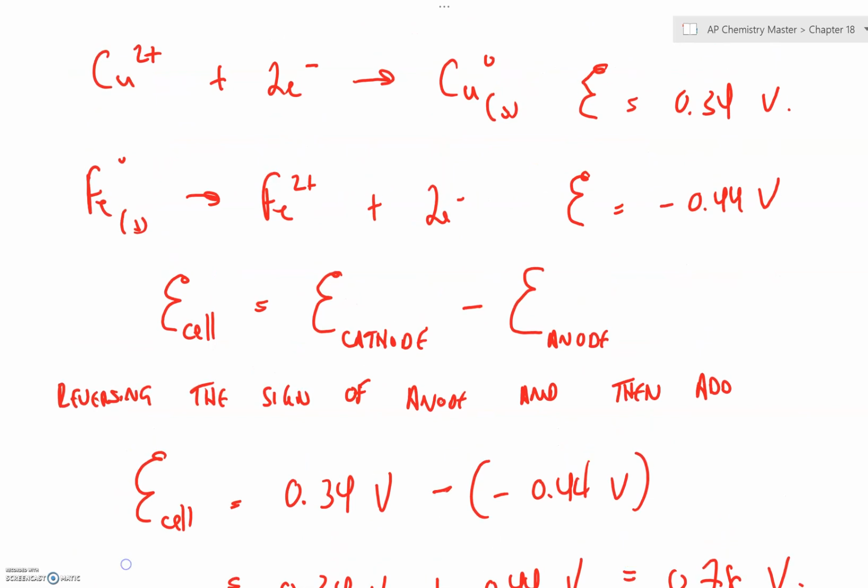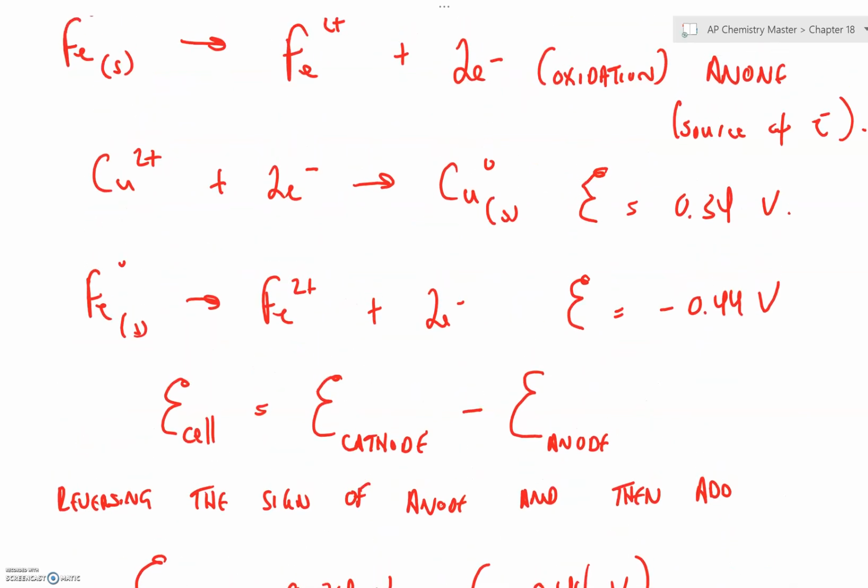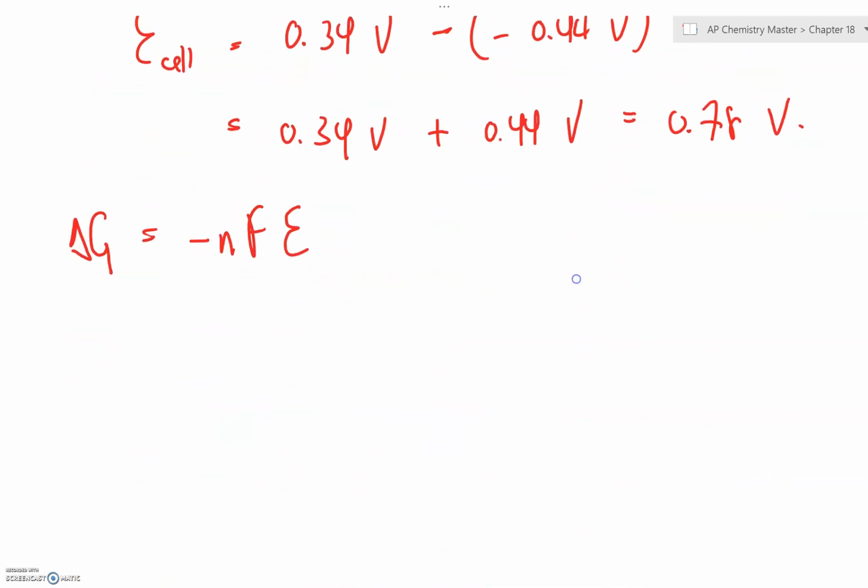And what's nice about this one is that there's 2 moles of electrons being transferred in both sides. Now, if this is one of those reactions where you had to balance charge, you would multiply by the final mole. So if one of these had 2 electrons and the other had 3, we'd multiply 2 by 3 and 3 by 2 to get 6, and then our moles would be 6. This one's a little simpler, so we're not so worried about it.